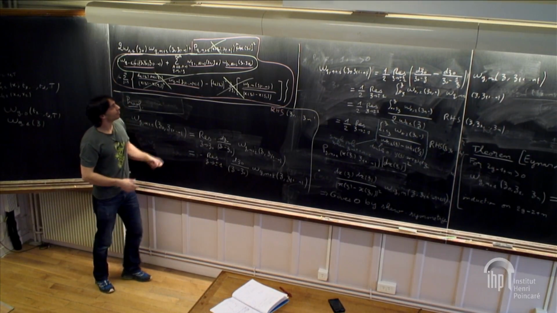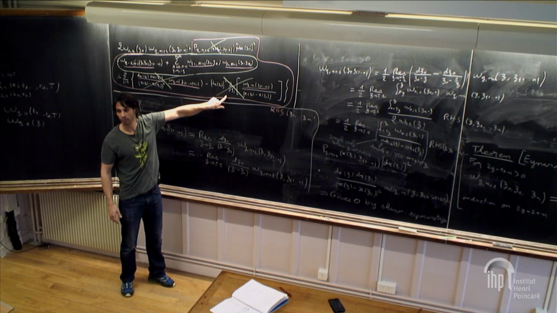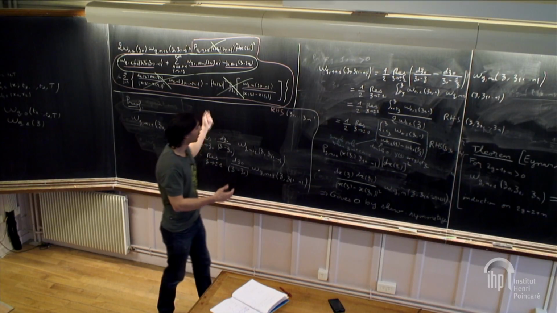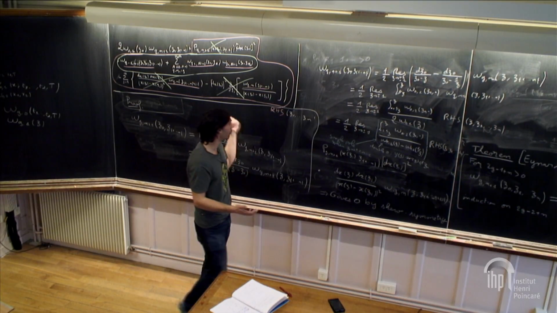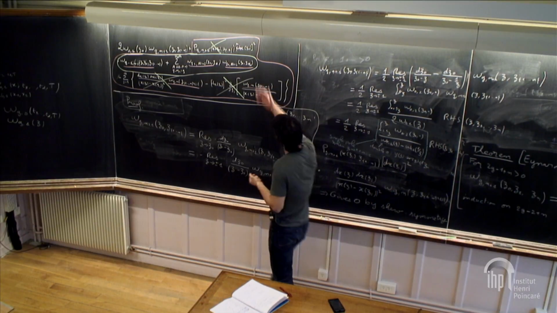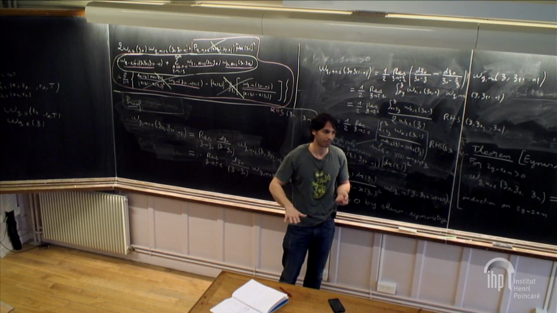When I project there, all these ingredients do not give me any contribution. And that's the idea behind the recursion. You've got an expression which is too complicated, and there is some not meaningful information which you kill by projecting on the right space of differentials.